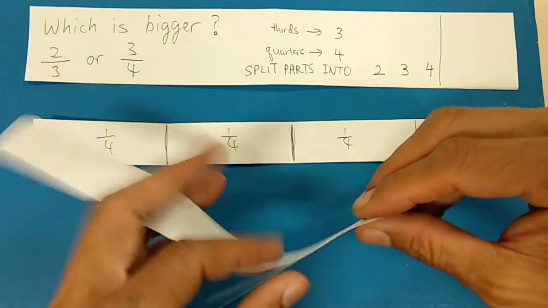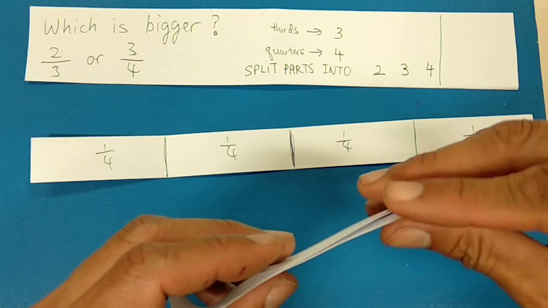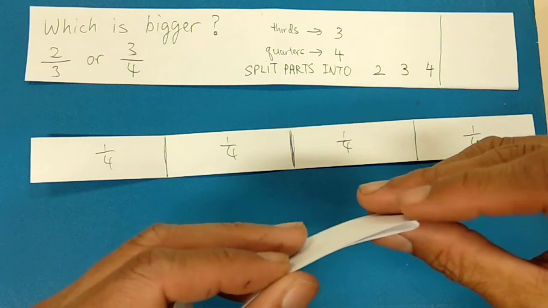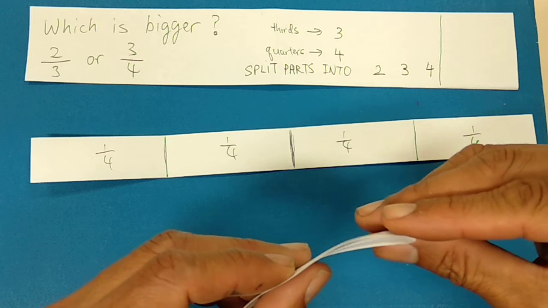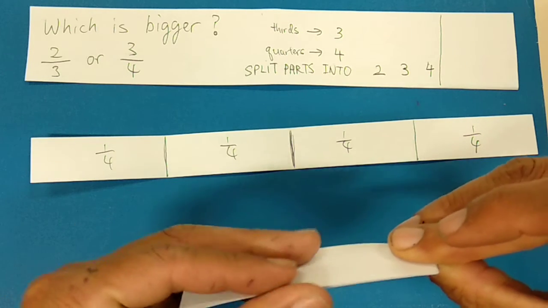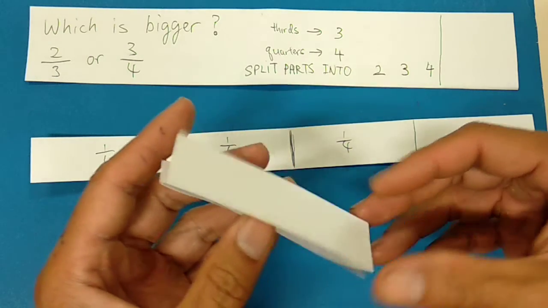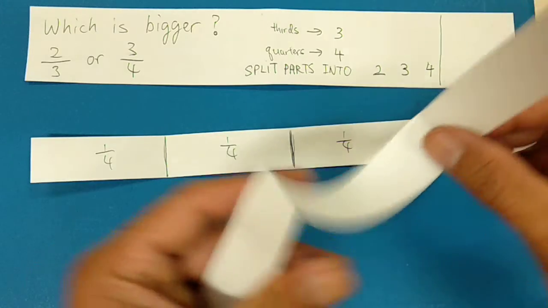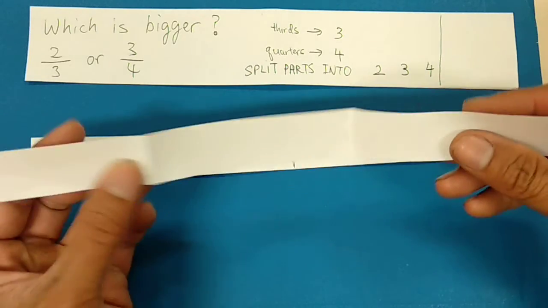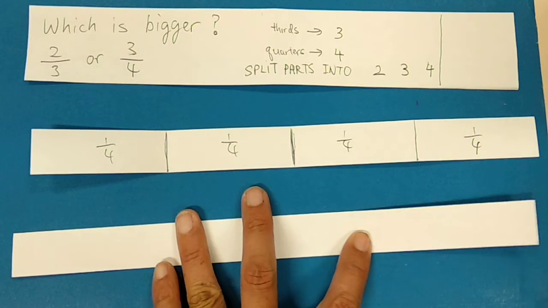So if you check, you should find that these thirds form a whole, one whole. So three of these thirds form a whole.